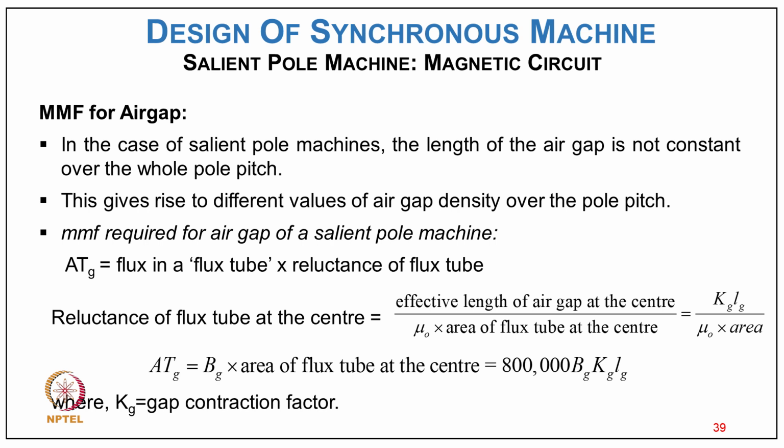So it becomes ATg equal to Bg into area of flux tube at the center, so it becomes 800,000 Bg kg Lg, where kg is the gap contraction factor.